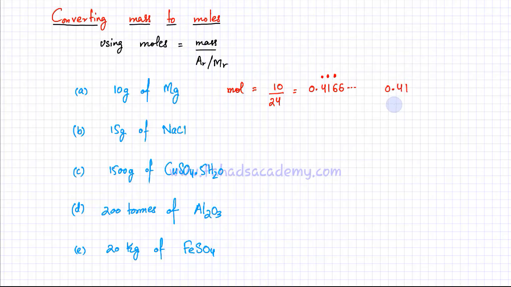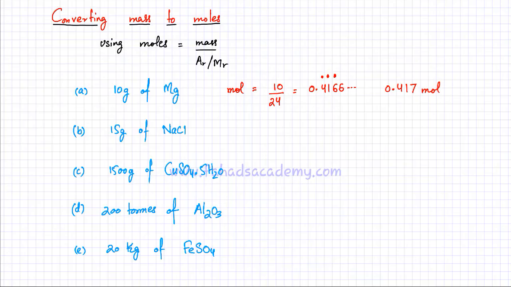The third number should be rounded off, and since after the third number you are getting a 6, this 6 should be rounded off to 7. So my answer to this first part is 0.417 moles, and this is the minimum accuracy that is required. Writing more decimal places should not be a problem, but the minimum accuracy required is 3 significant figures.